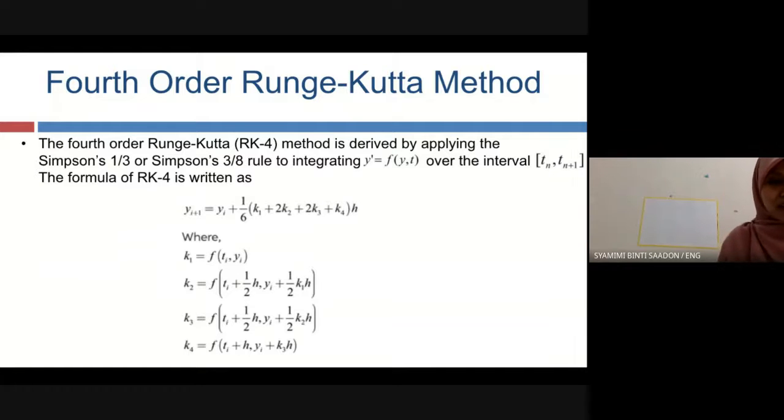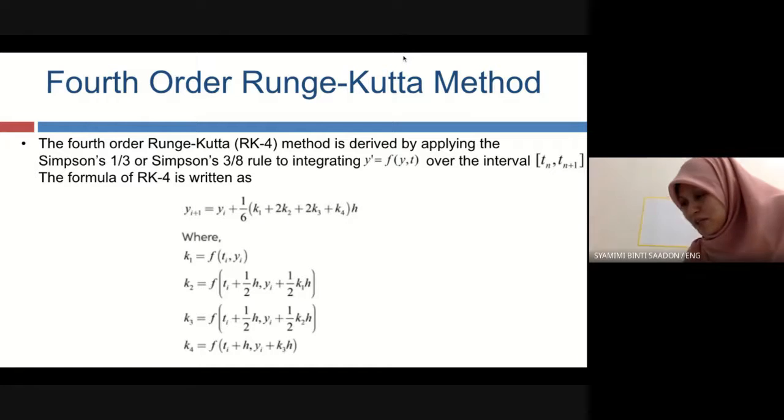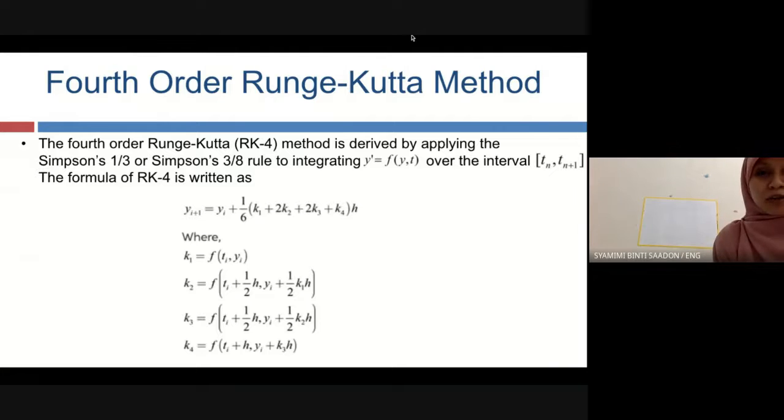So y, I don't need to write it back here. y(n+1) equals yn plus 1 over 6 times (k1 plus 2k2 plus 2k3 plus k4) times h, the time step. By using the same time step, h is 0.5, we apply this Runge-Kutta method.